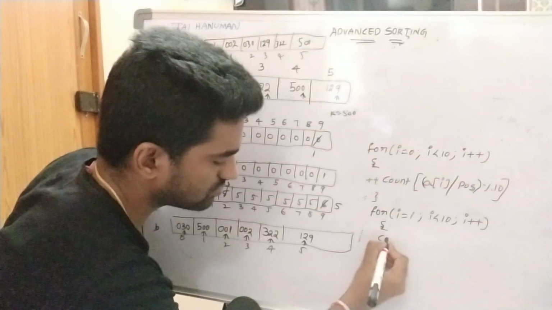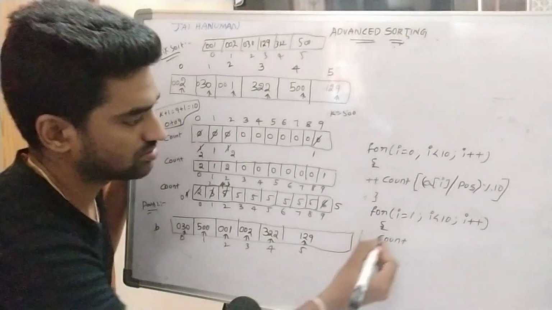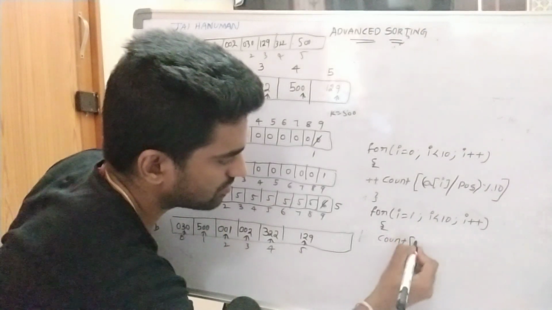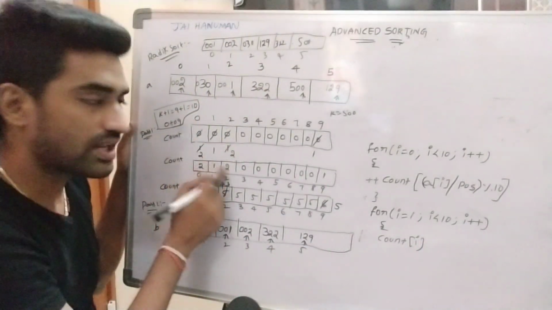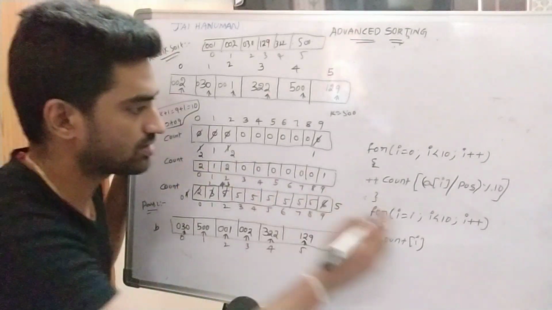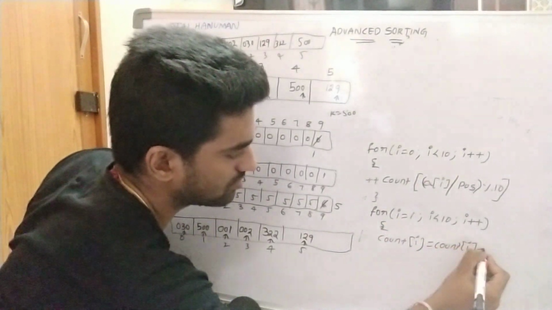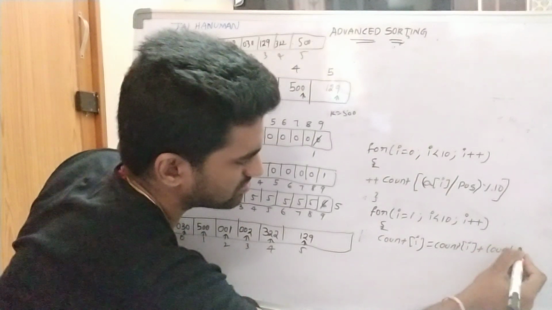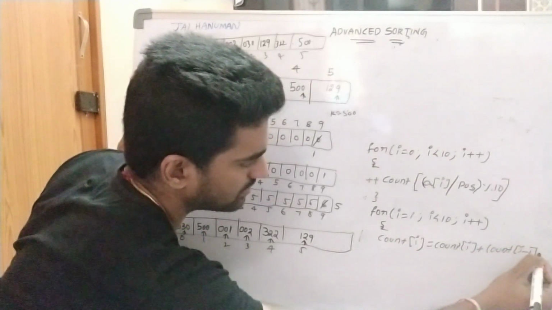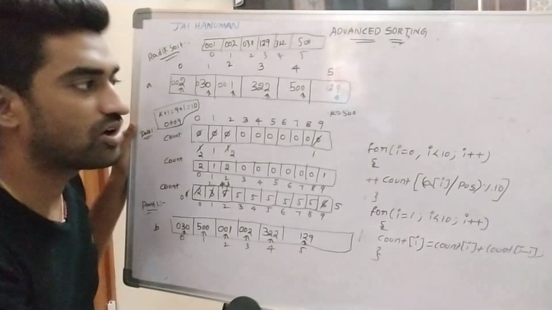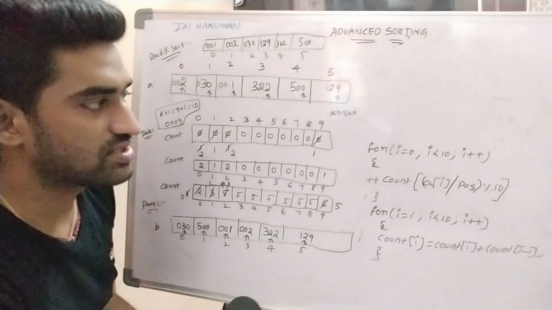So count of I, so previous value is added. So 2 plus 1, so that is count of I plus count of I minus 1. So these loops are already written in the count sort mechanism. Same loops. The difference is the position and the modulo division operation has been changed, right?